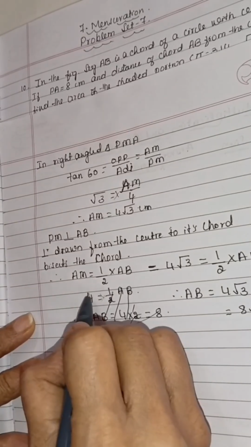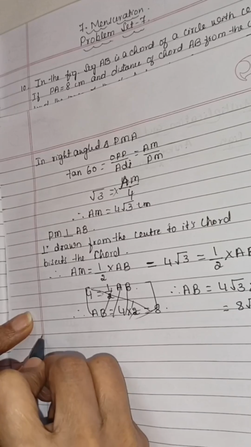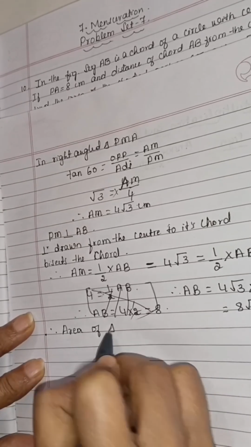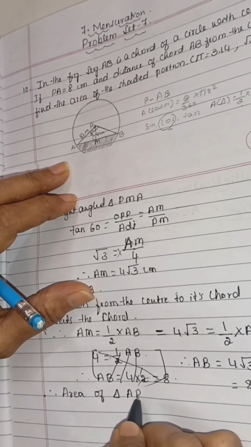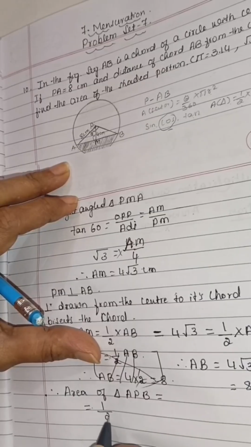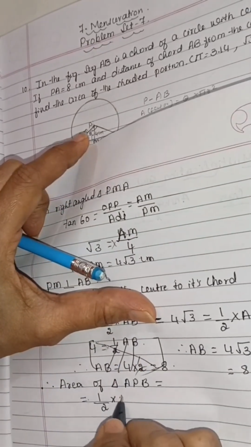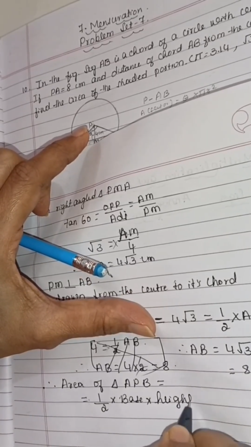Therefore, area of triangle APB is half into base multiplied by height. Let this be the formula.